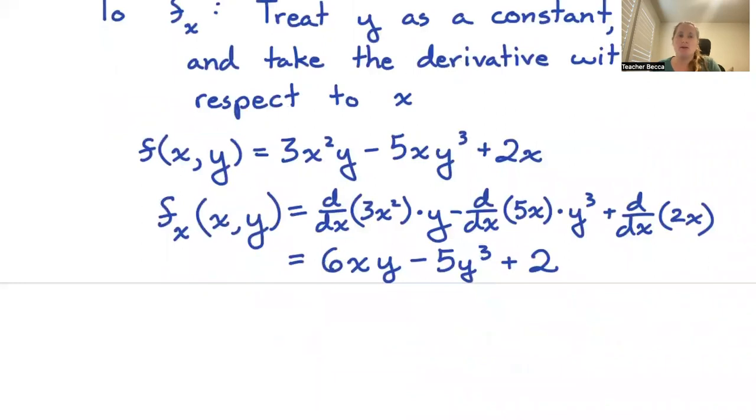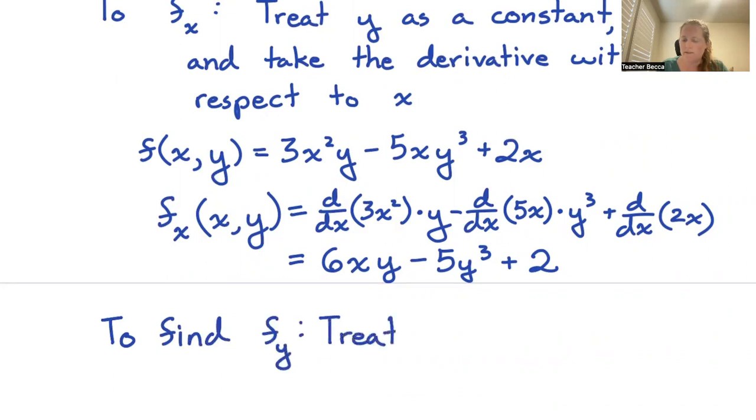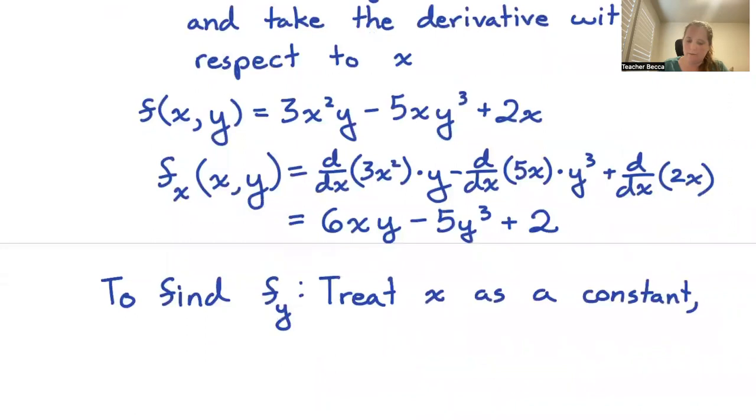Now let's find fy. This is the partial with respect to y. This time around, we are going to treat x as a constant and take the derivative with respect to y.